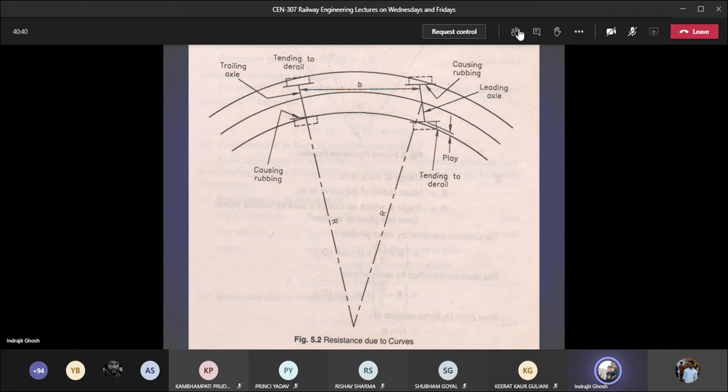So in this photo, when a train is negotiating a horizontal curve, this is what is happening at the outer wheel. There is continuous rubbing, and if we look at the other side, there is a chance of derailment.